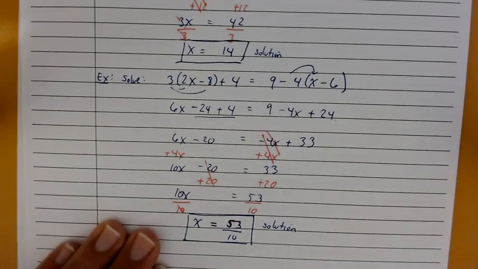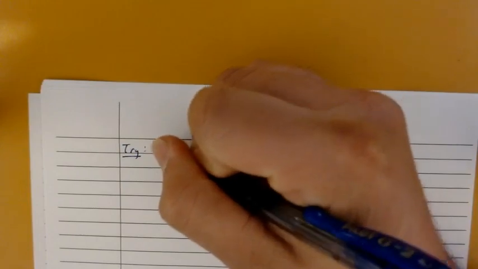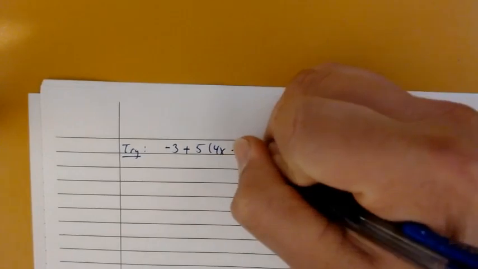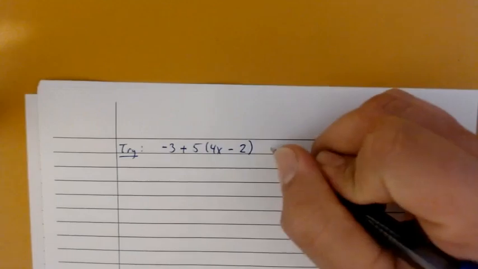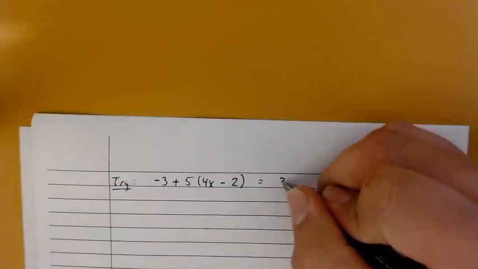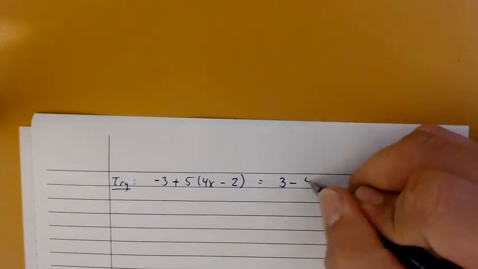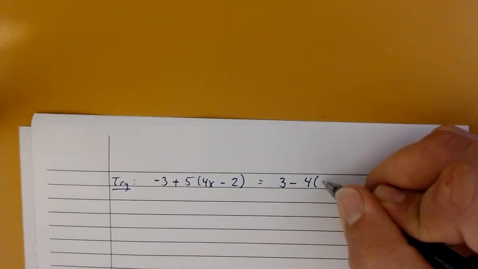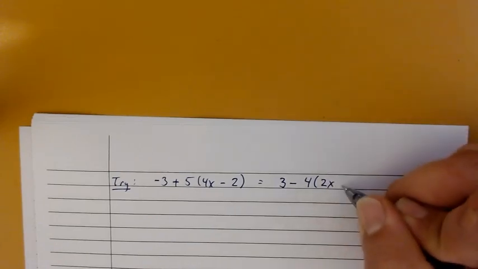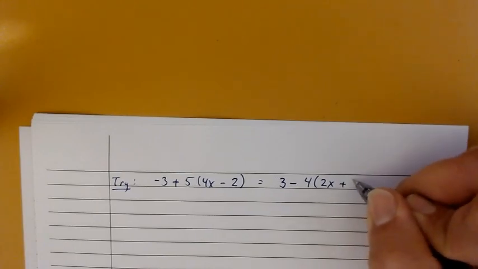All right, so give this a try. Let's have you try -3 plus 5 times 4x minus 2 is equal to 3 minus 4 times 2x plus 7.